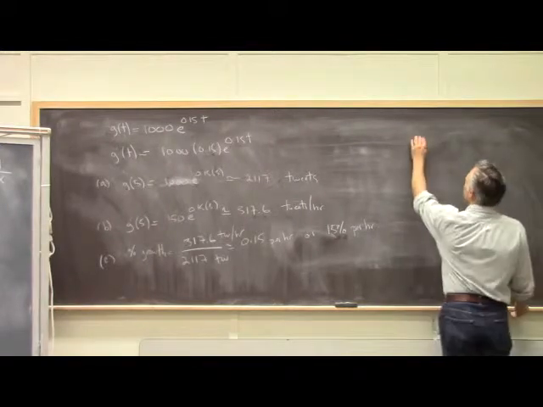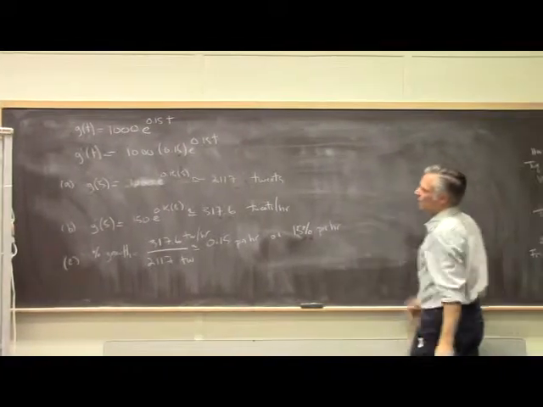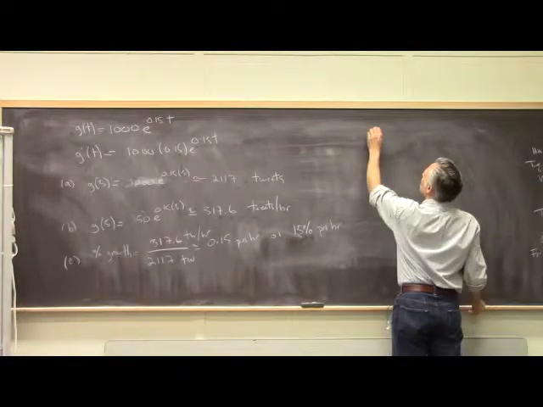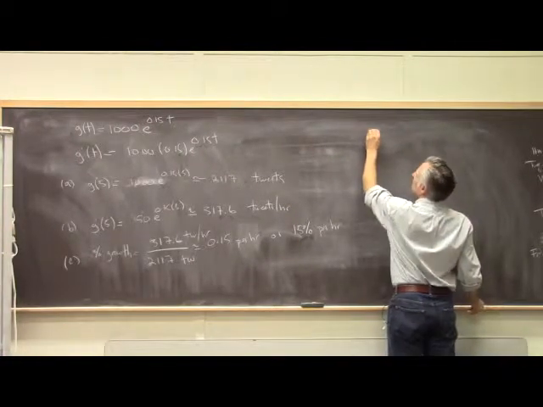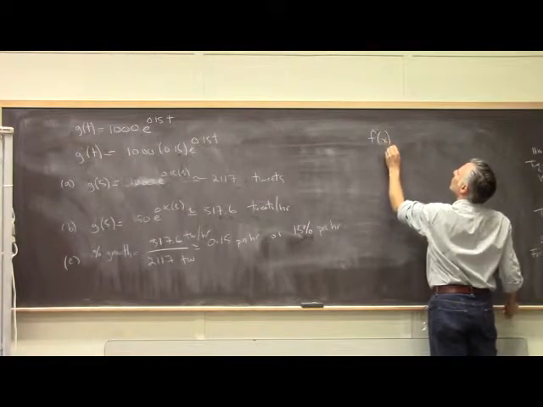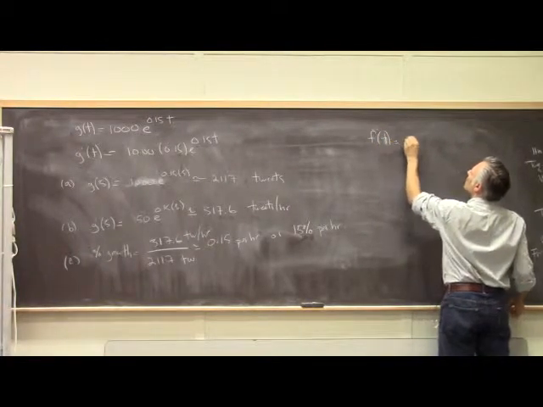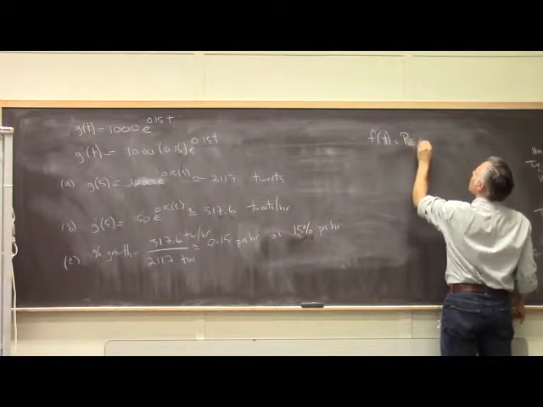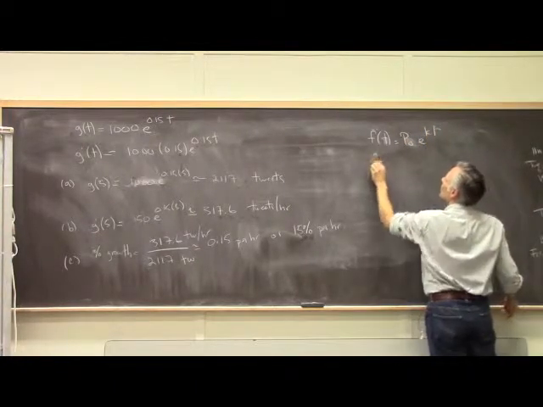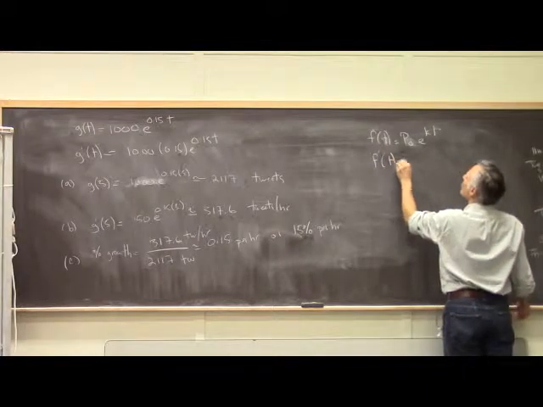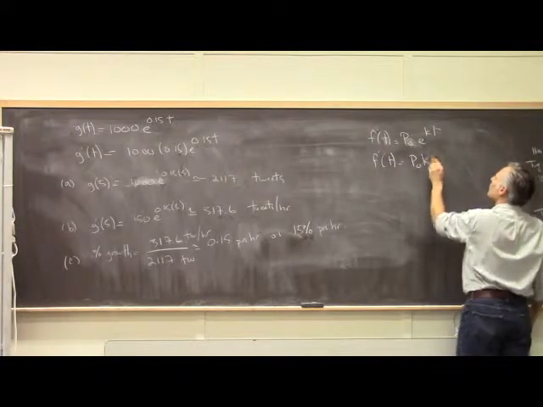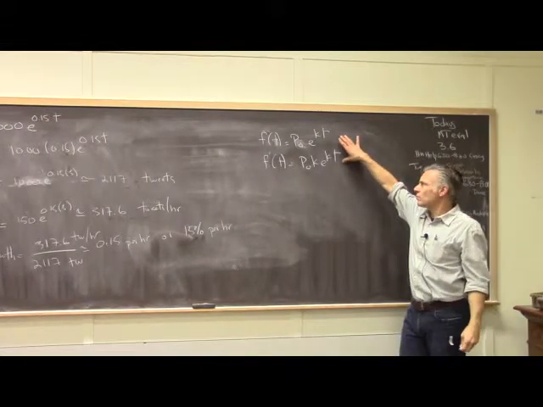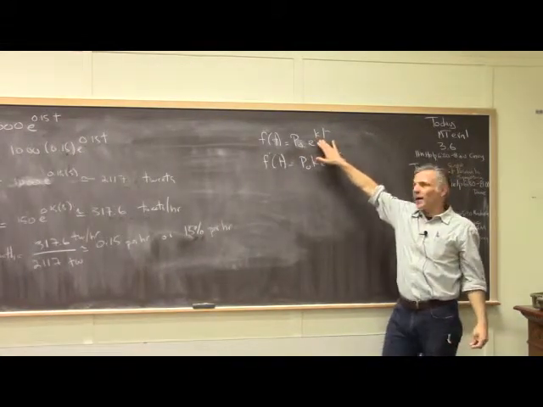So if you've got a function like this, this is what we basically just did with 1,000 and 0.15.